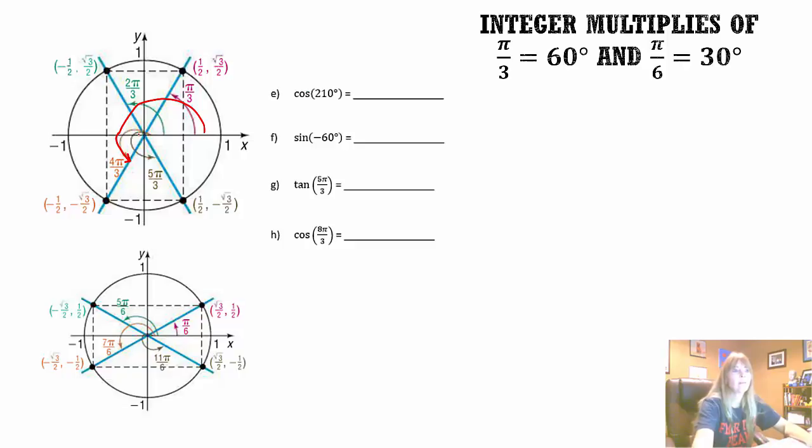So based off of looking at my picture here, you can see that this is the 60-degree one, and this is the 30-degree one. So it depends, are you in multiples of the 60? Are you in multiples of the 30? So if I'm looking at cosine of 210, I'm looking at 180, and then I'm looking at 30.